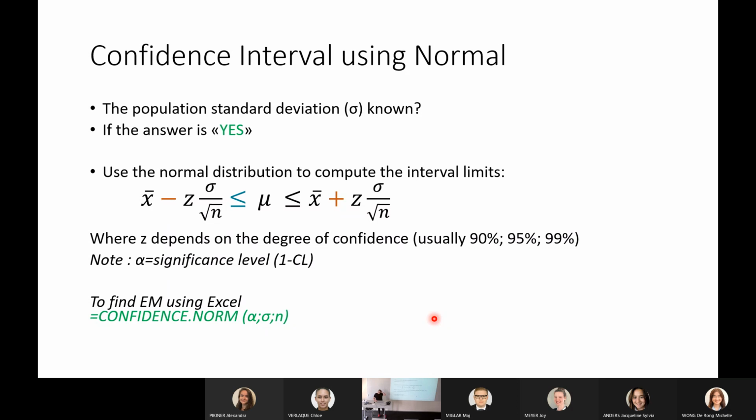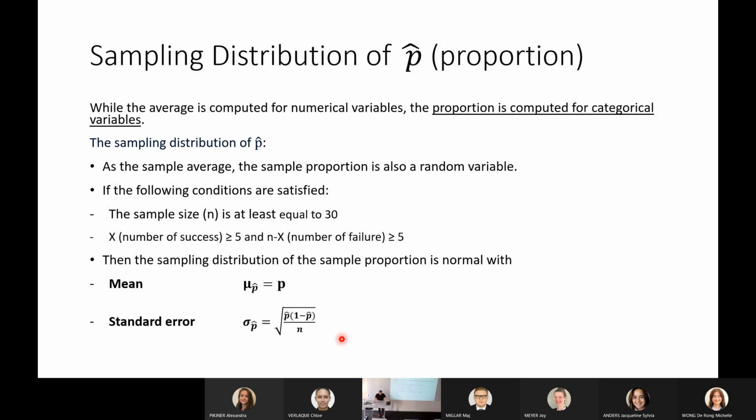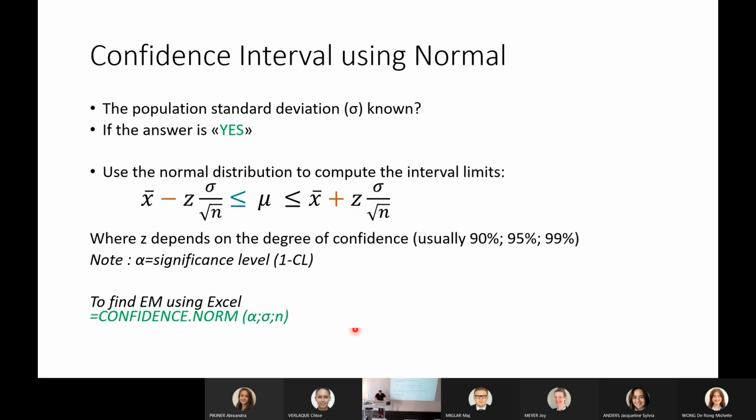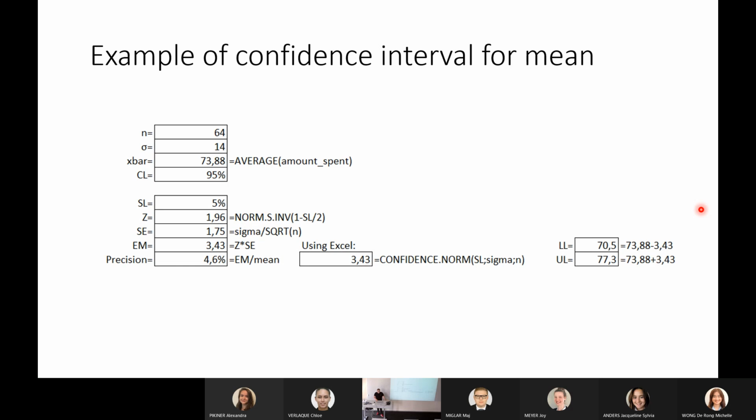We can calculate the error margin by multiplying Z, the limit point, by the standard error, or we can use the pre-calculated Excel formula where we only plug in the significance level, the standard deviation of the population, and the sample size.